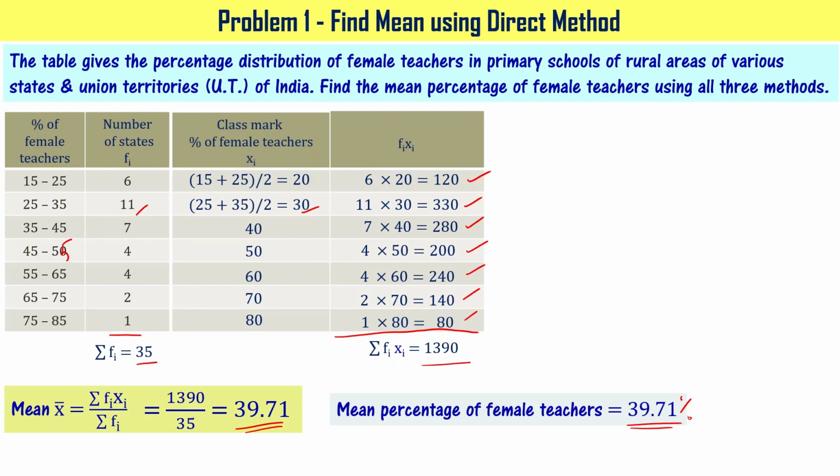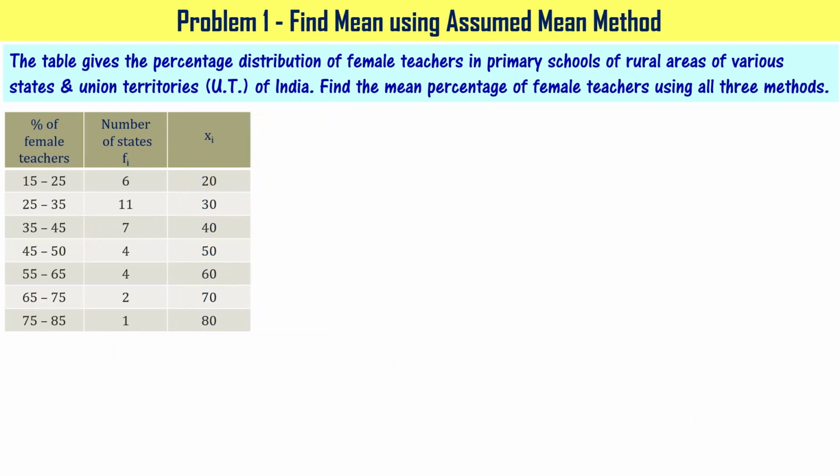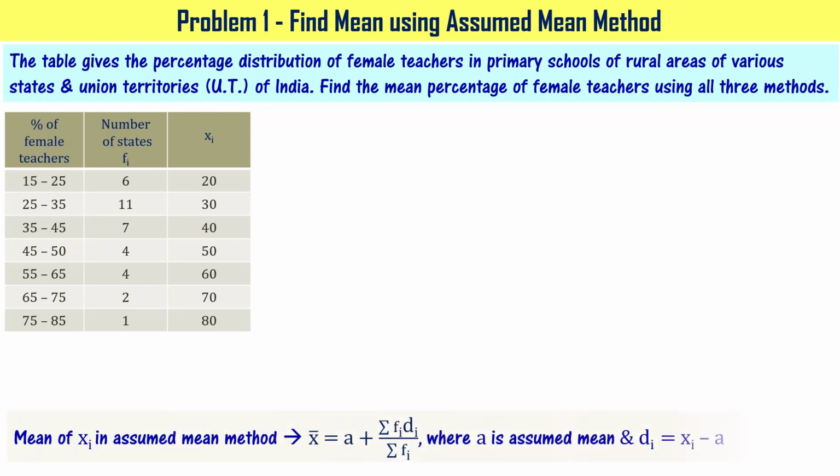Now let's solve the same problem using assumed mean method, right? For assumed mean method, the mean is defined as a plus sigma fi di divided by sigma fi, right? For assumed mean method, what we have to know first is the value of a, the assumed mean, and then we have to find di, which is defined as xi minus a, right?